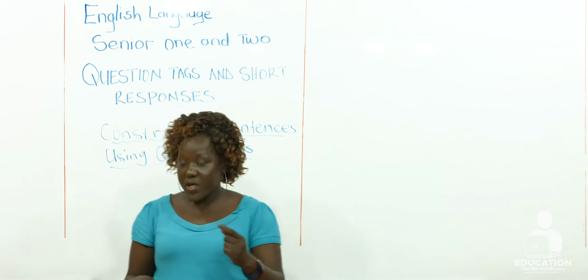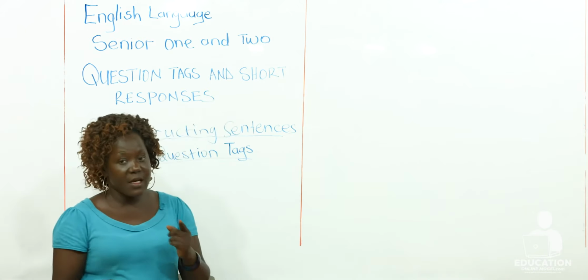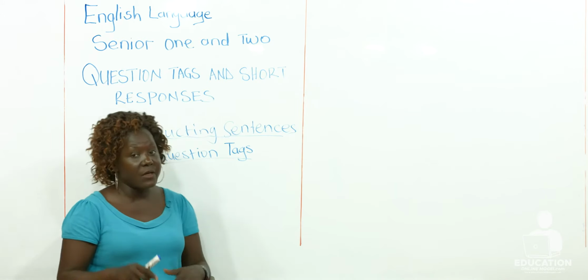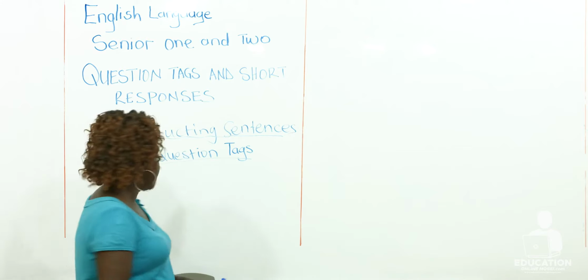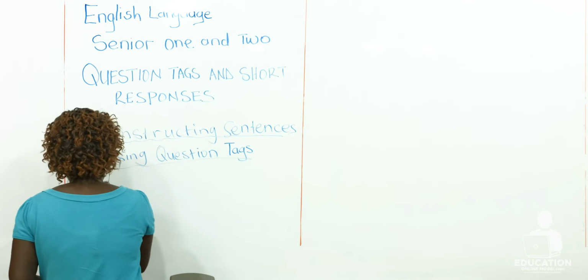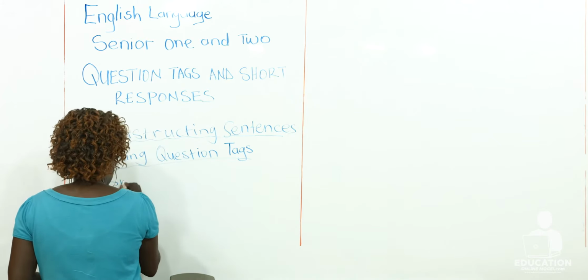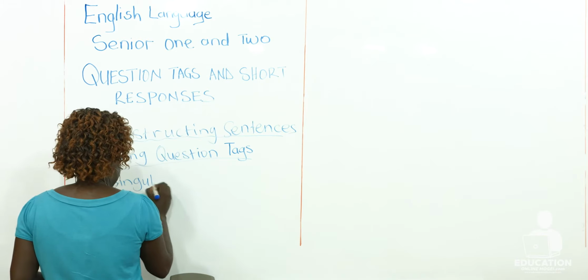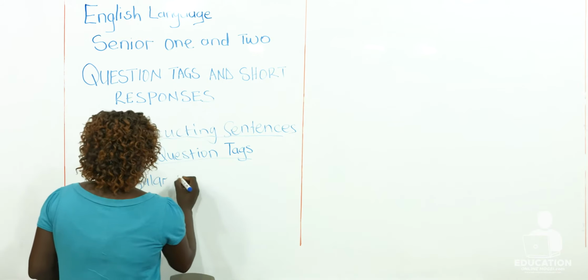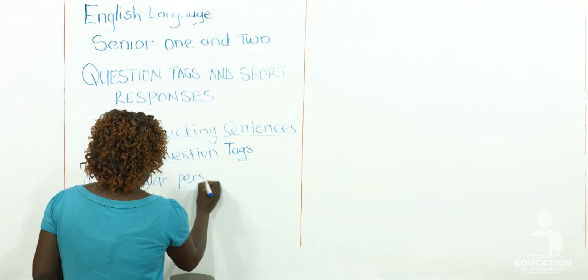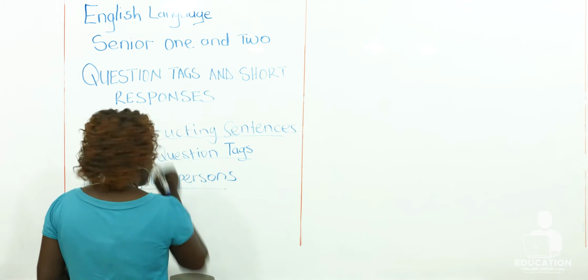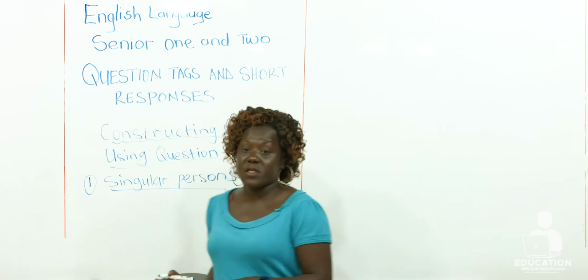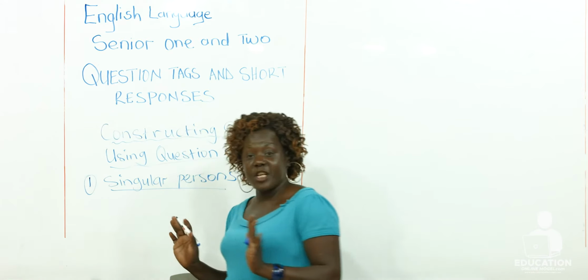Let us start with singular persons, and we see how the verbs should also be singular in nature. Now, 1, singular person. Here also our verbs must be singular in nature.